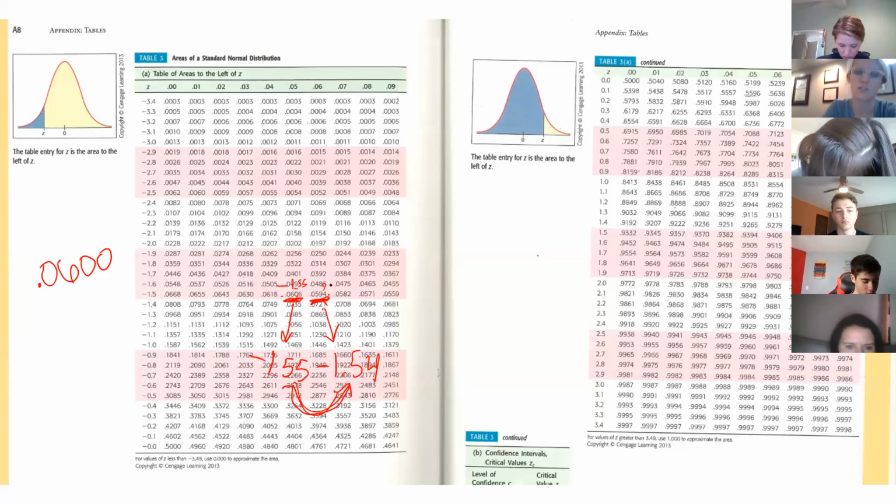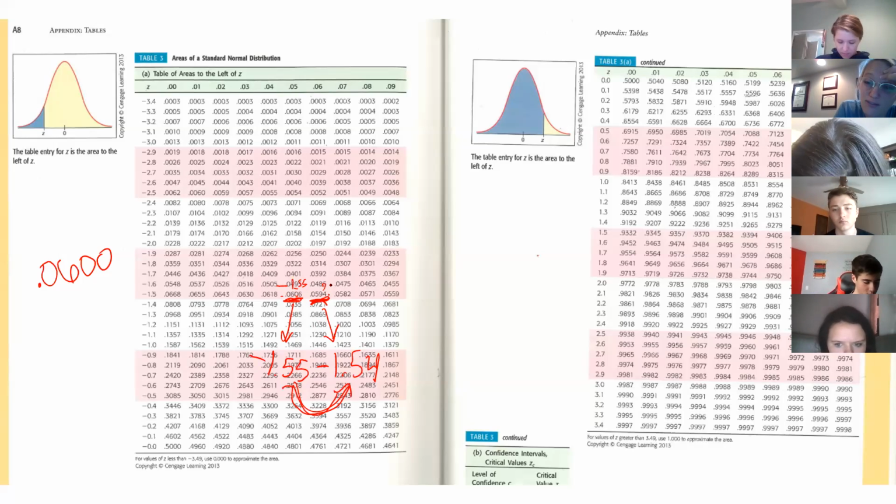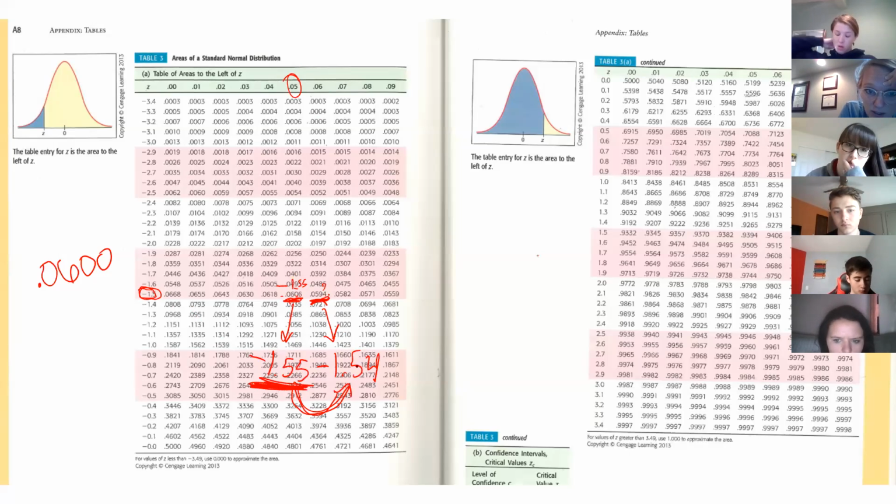Did you say negative 1.555? Well, this number is negative 1.5, and then this is a 0.5 up here. This one is negative 1.55 and then this one is negative 1.54.